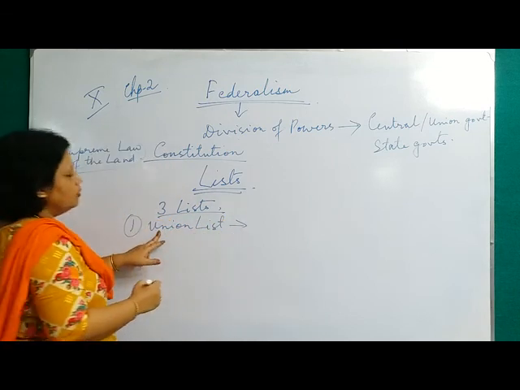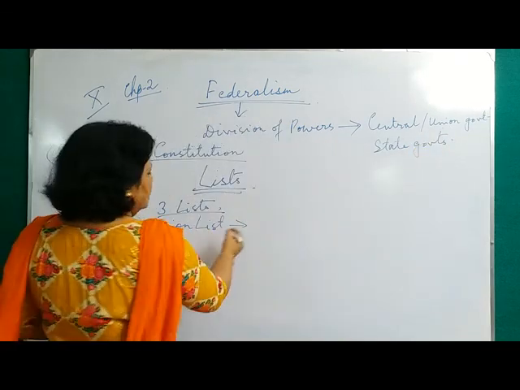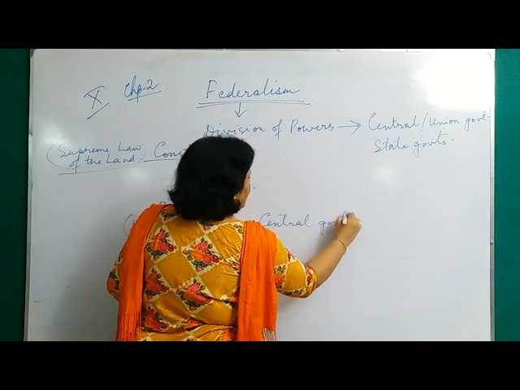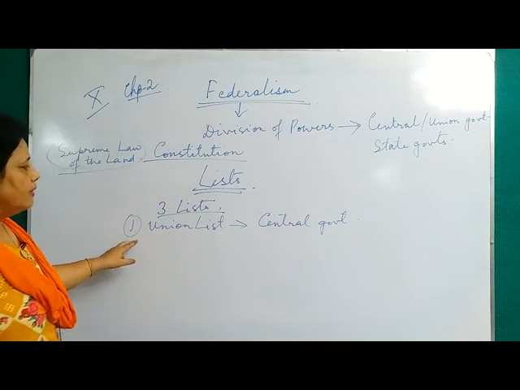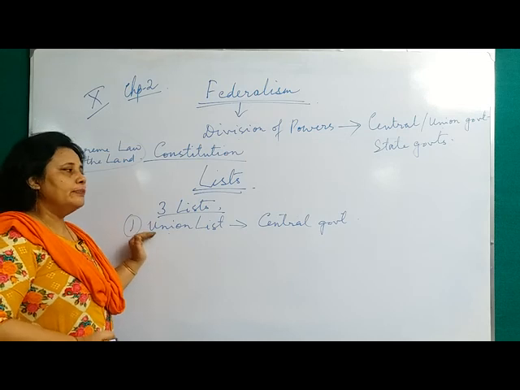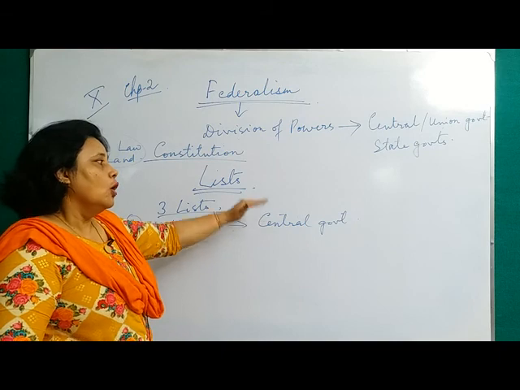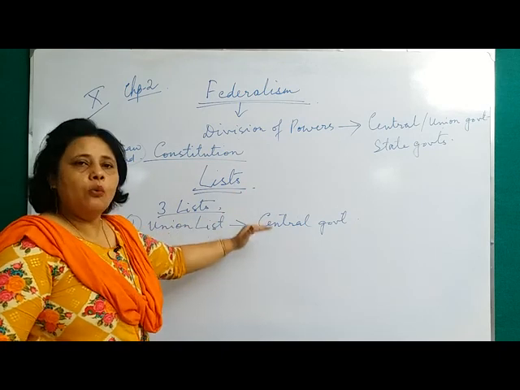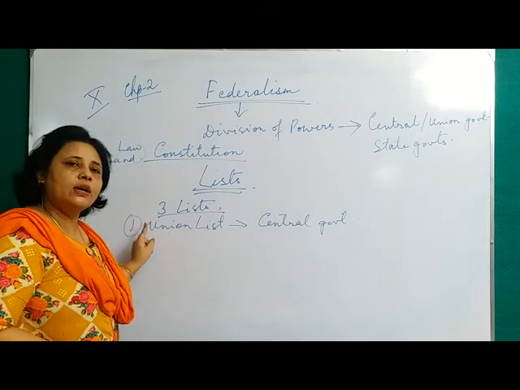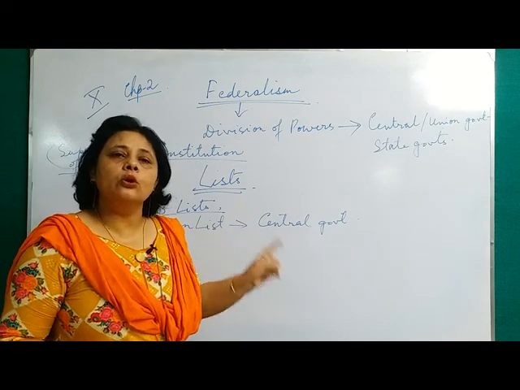From the name itself you can understand that the central government has power over this list, which means that for the subjects included in the union list, it is the central government that will have the power to make laws.